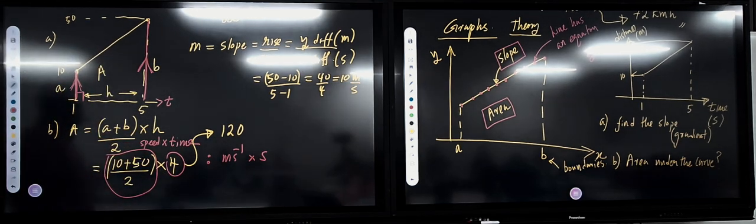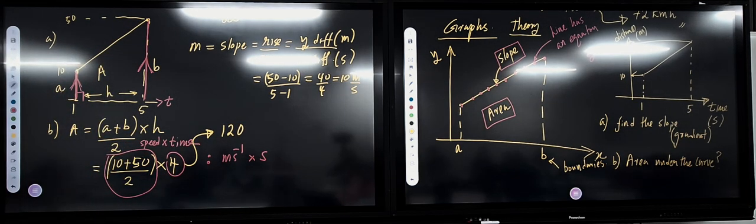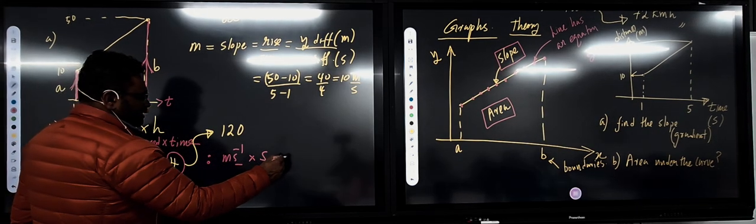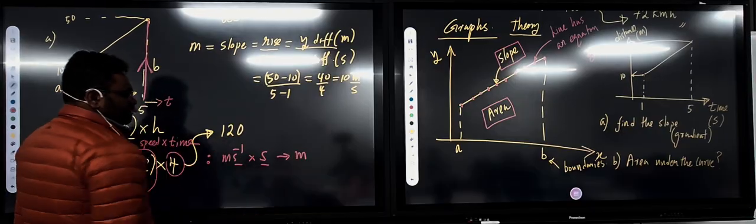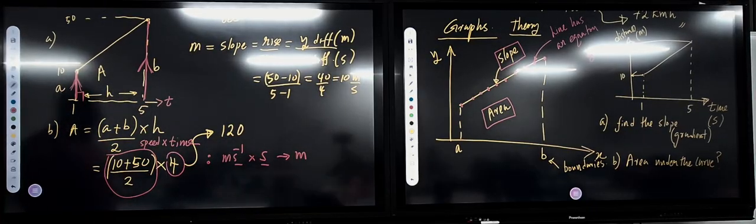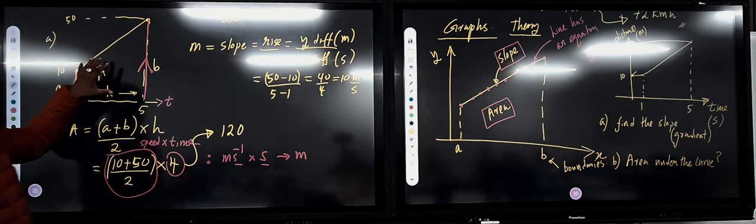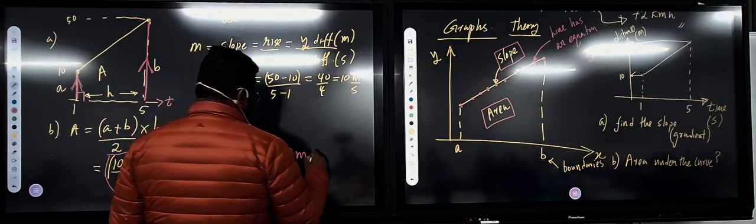Agree? Now what happens? s minus 1 to s will cancel, right? Answer is meters. So the area of this gives meters. Meters means what? Distance. So the area under the graph gives you distance.